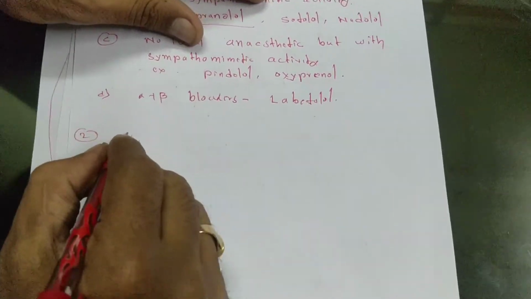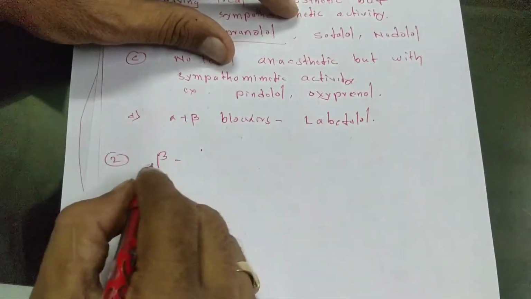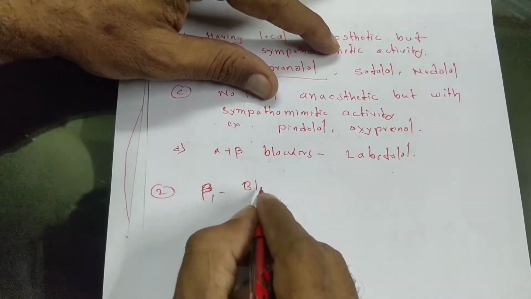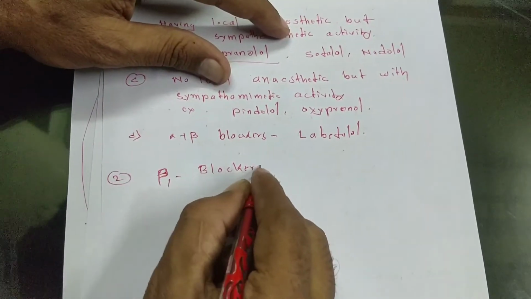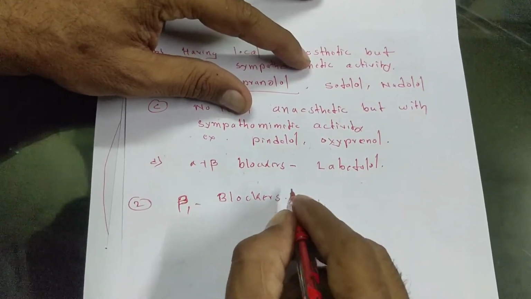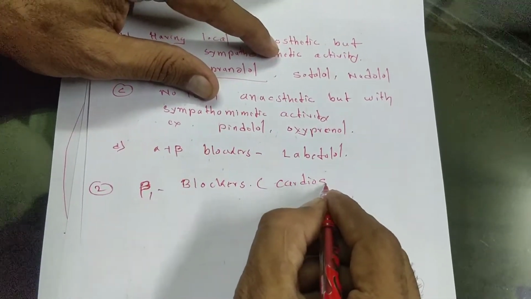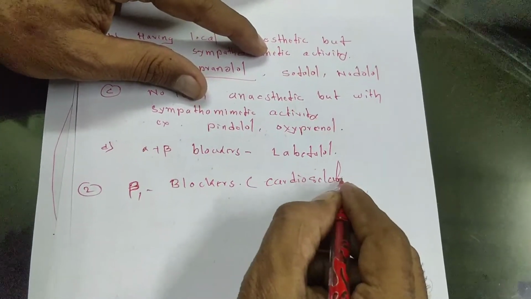Second class, beta 1 blockers, the cardioselective blockers.